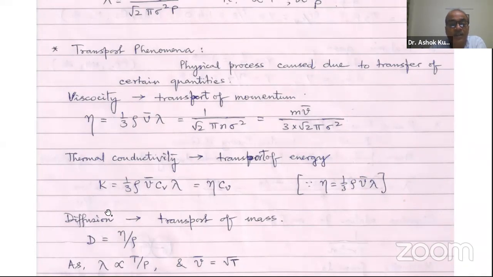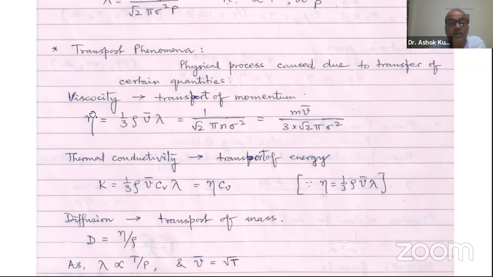So for thermal conductivity, finally we derive the expression 1 by 3 rho V lambda CV, where CV is the specific heat, and up to here, except CV, it is eta. So we can say eta into CV is nothing but thermal conductivity. So very unique.